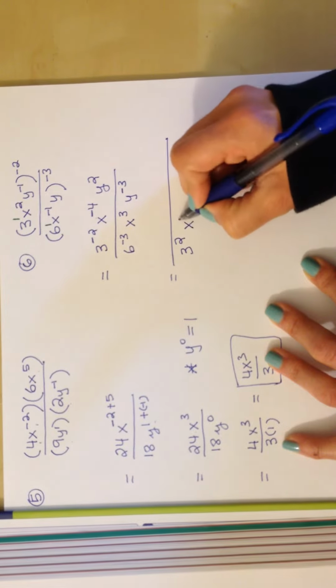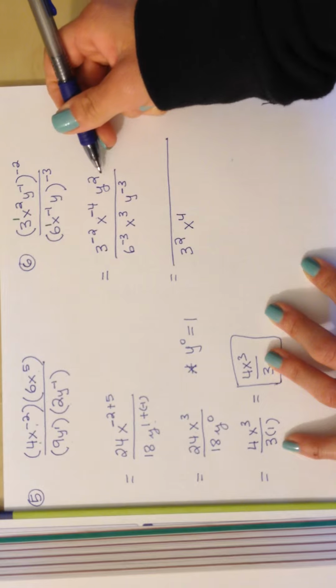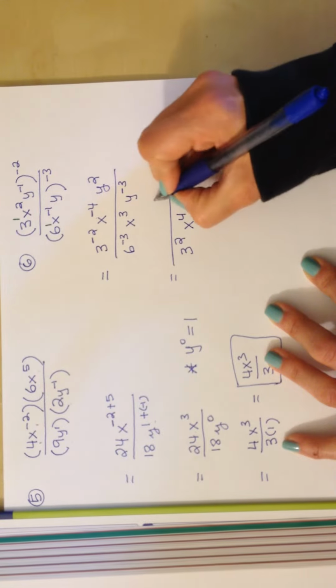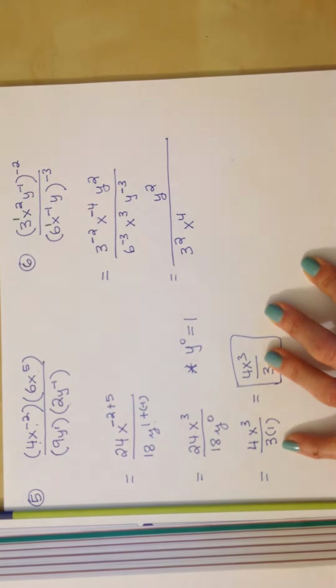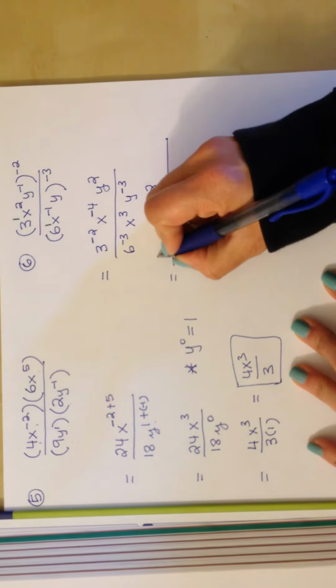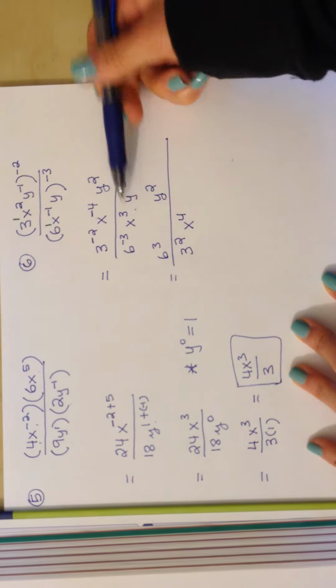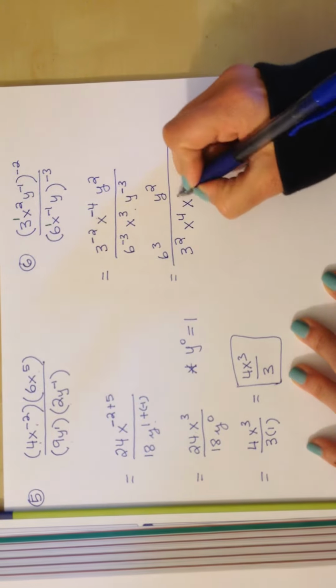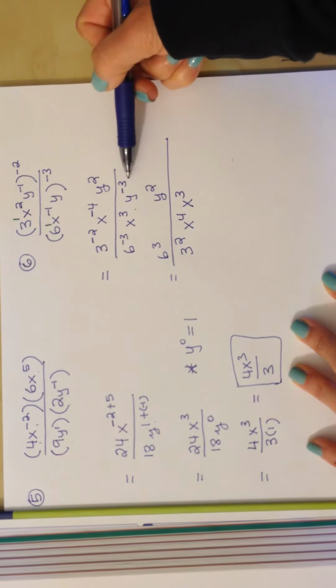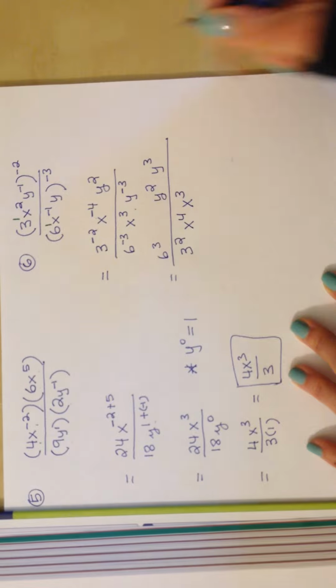X to the 4th, y squared has a positive exponent that must stay exactly where it is. Now 6 to the negative 3 moves up to the numerator as 6 to the 3rd. X to the third stays where it is. Y to the negative 3 moves up to the numerator as y to the third.